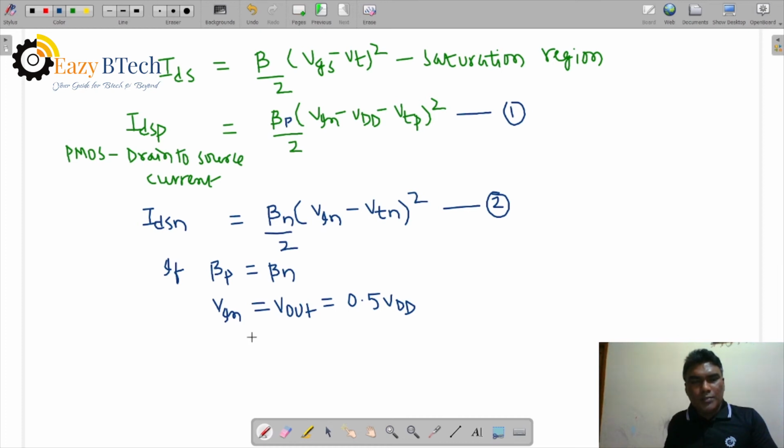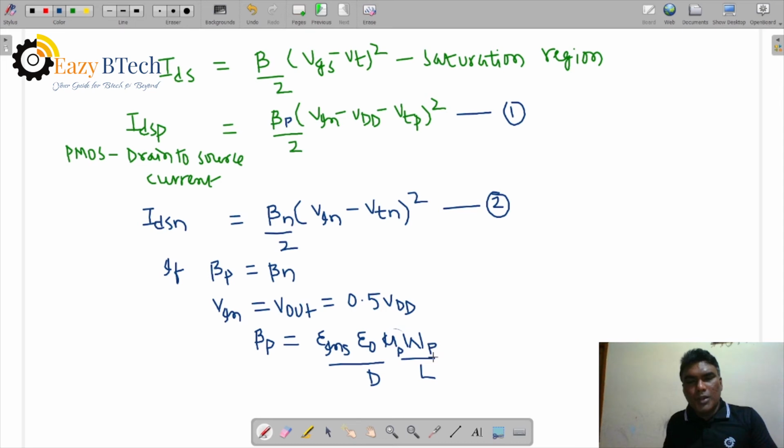Now what happens here? What is beta P? Beta P is nothing but epsilon insulation, epsilon naught, mu P times W by L divided by D, as we discussed in the IDS versus VDS relation. Here mu P is the mobility of PMOS, P-type charge carriers, P diffusion.